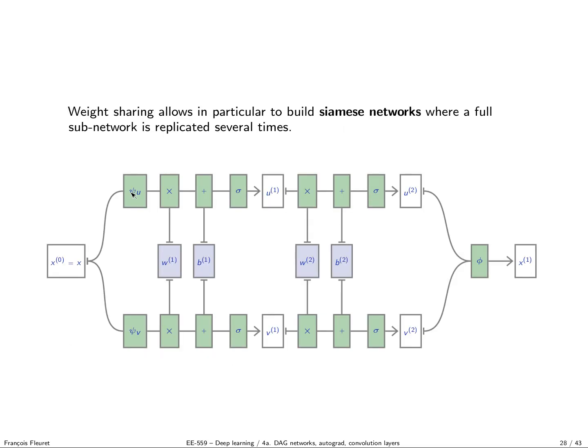A very standard case where it's super useful is so-called Siamese networks, where you have an input, for instance a pair of images or a pair of samples, and let's say you want to learn a proper metric, a proper distance between objects. So your model, which is a metric, gets as input a pair, splits the pair into two signals, and wants to implement exactly the same processing over the two signals.